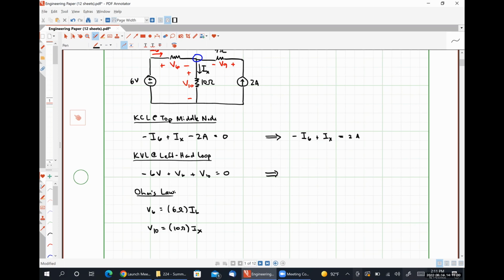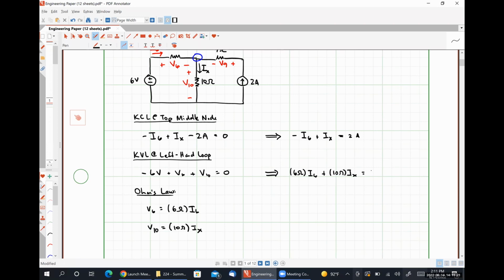So this should give me V6, which is 6 ohms times I6, plus V10, which is 10 ohms times IX, is equal to 6 volts. And I now have a system containing 2 equations and 2 unknowns.